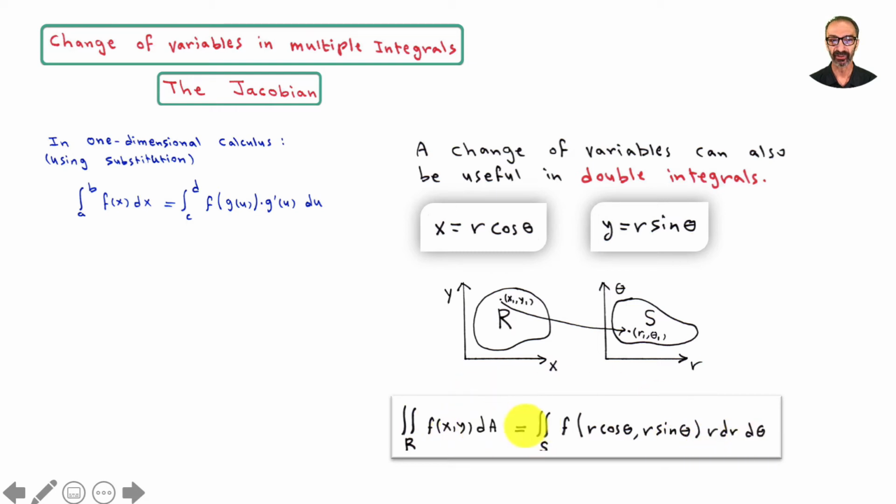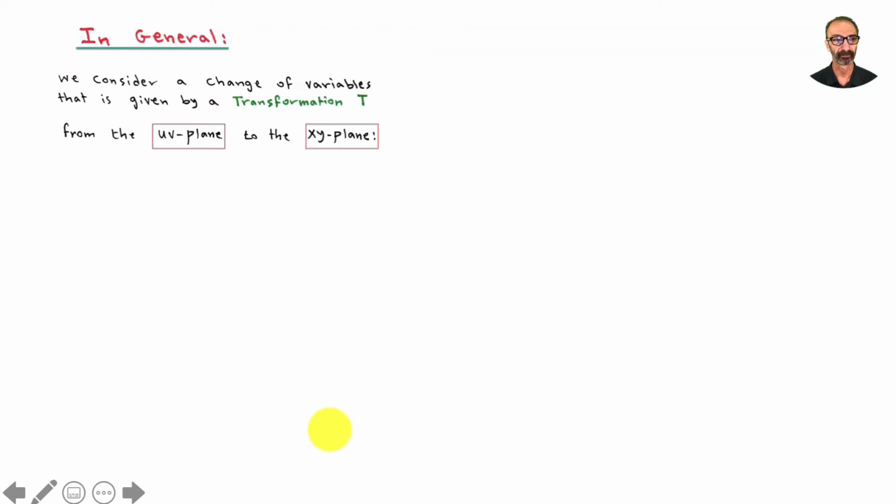So dA changes to r dr d theta. One of the main things about the polar form is it's useful in a lot of different sections and applications, especially when you have circles. That's the best way to transform your function and its limits to the polar coordinate system.